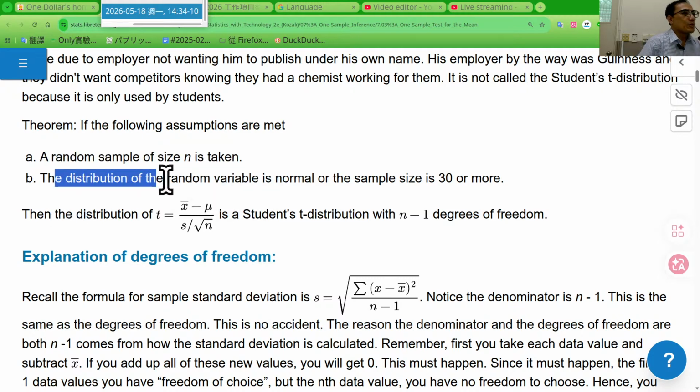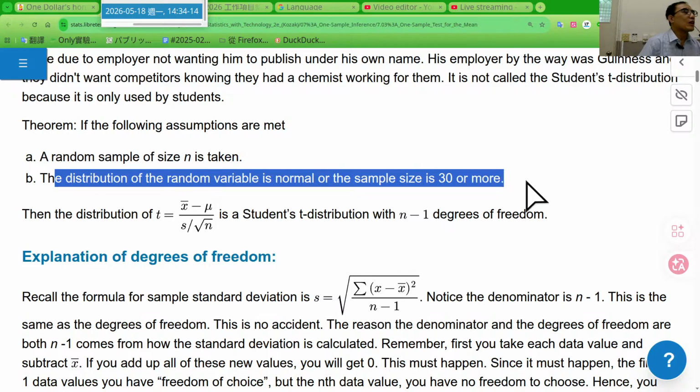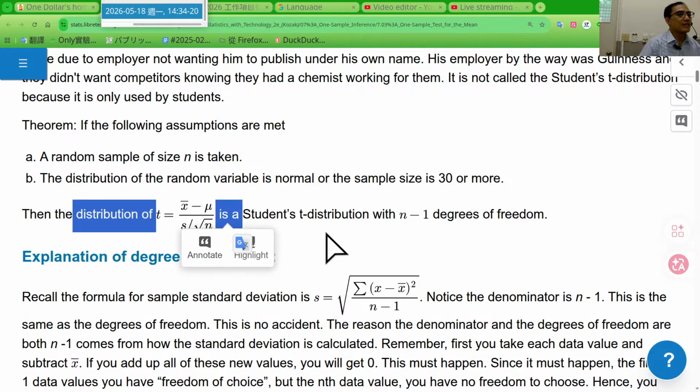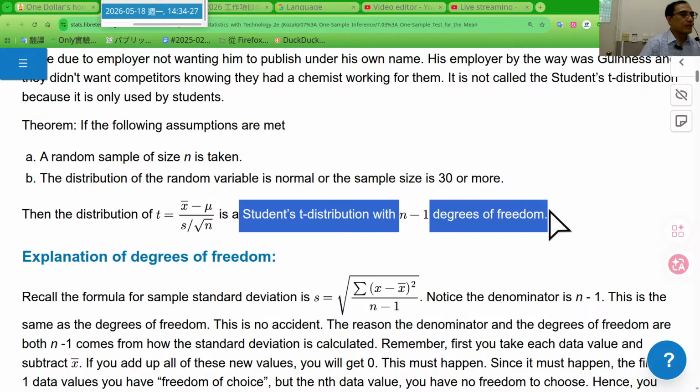Second, the distribution of the random variable is normal, or the sample size is 30 or more. Then the distribution of t, with the formula like this, is the student's t distribution with n minus 1 degrees of freedom.